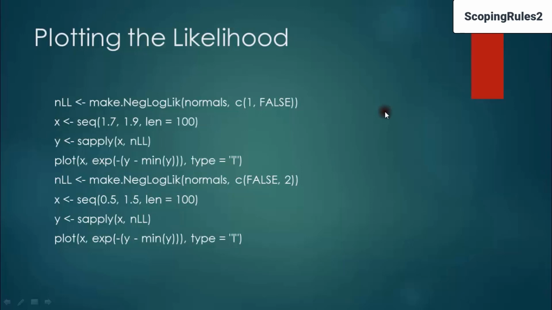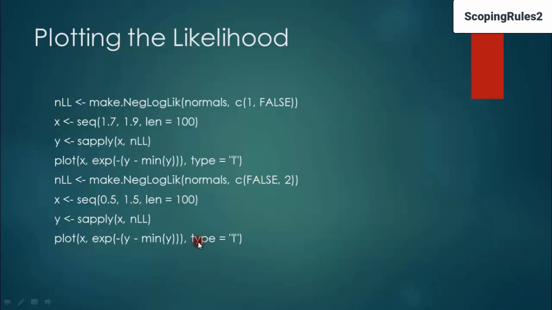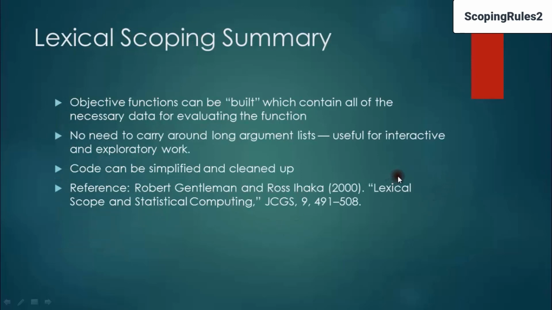Now if you plot x comma exp of minus (y minus min of y), type equal to l, this will give you a plot of the likelihood. The same way, by changing the values to c(FALSE, 2) and the sequence from 0.5 to 1.5, you'll get the same kind of plot with the values 0.5 to 1.5. So that's how you use the negative likelihood.